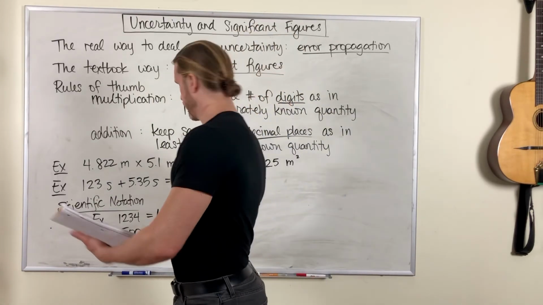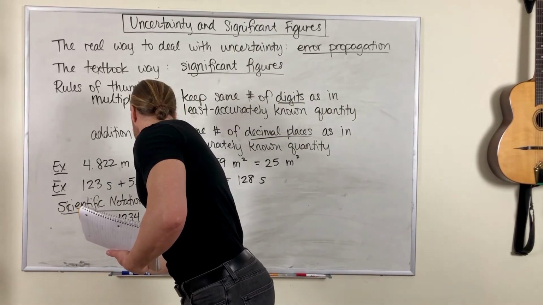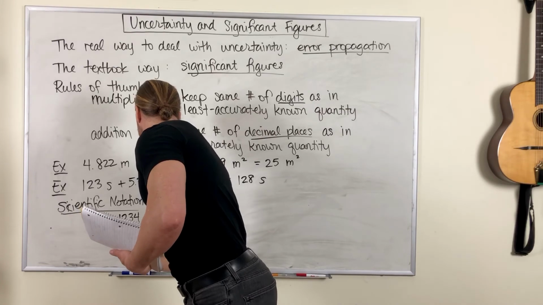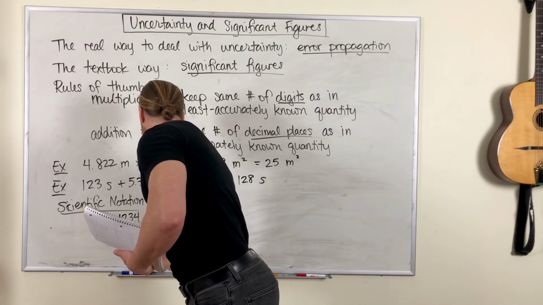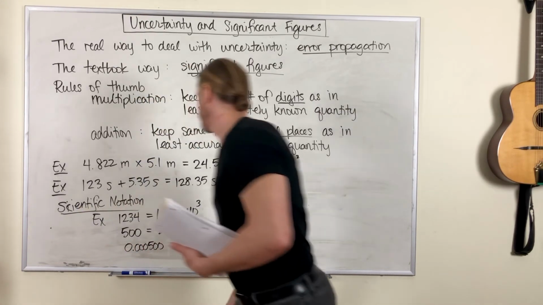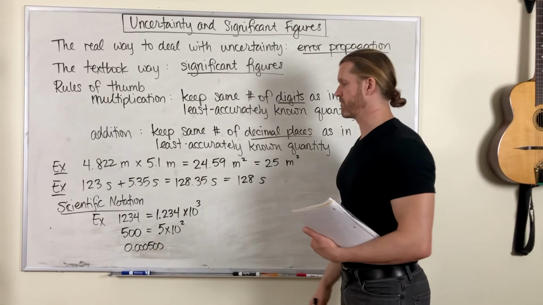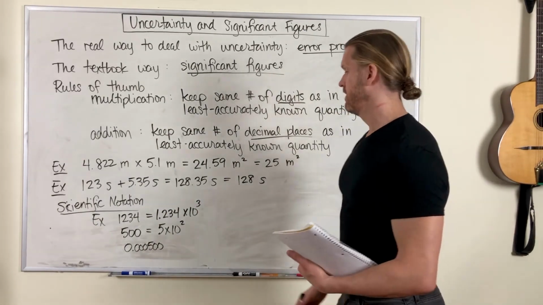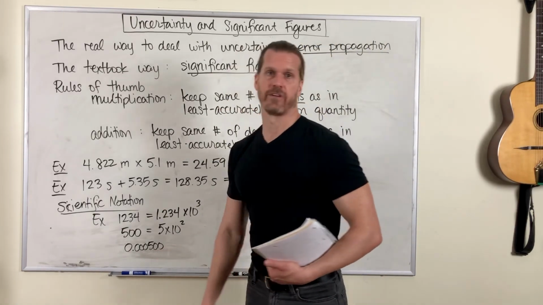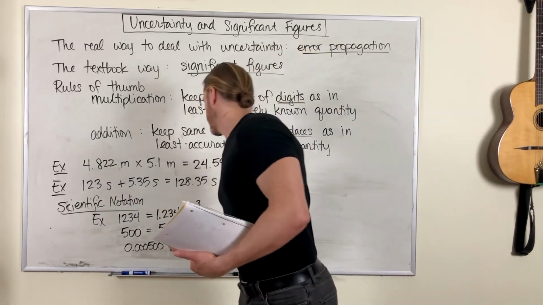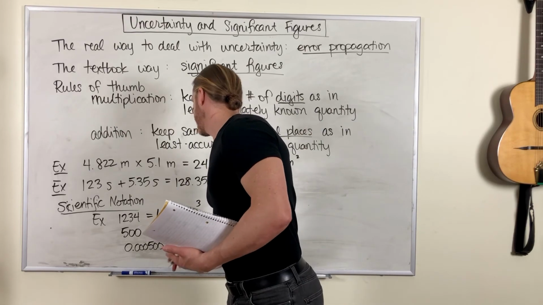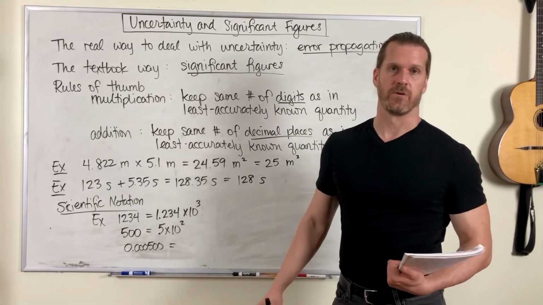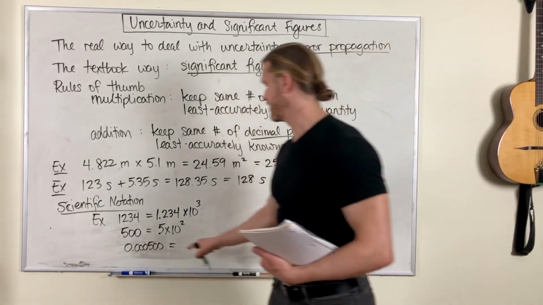If you have zeros to the right of a number, and they're also to the right of the decimal point, then they are significant. But again, you can remove any ambiguity in trying to read that number by writing it in scientific notation.